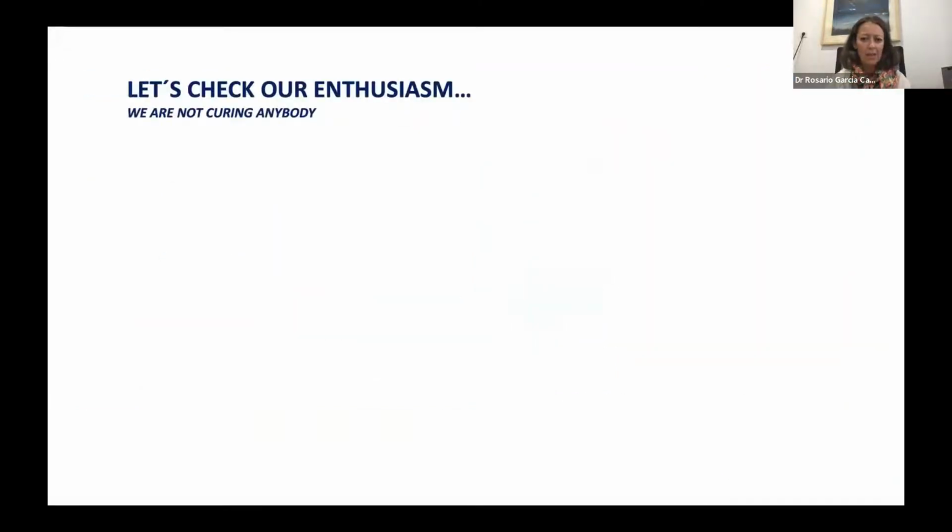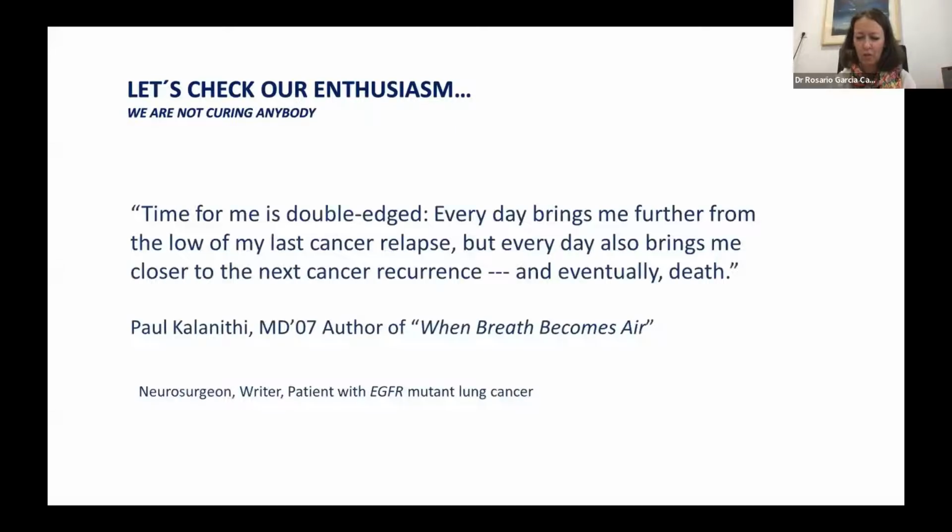Well, I truly believe this is a great story, but we need to check our enthusiasm. Unfortunately, we are not curing our patients. We are getting significant and very promising results. Our patients live longer with better quality of life, but the concept of cure, we are far from the concept of cure.